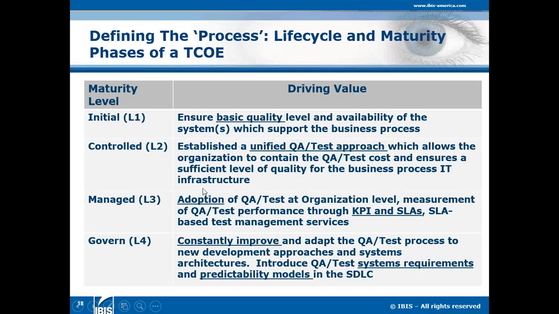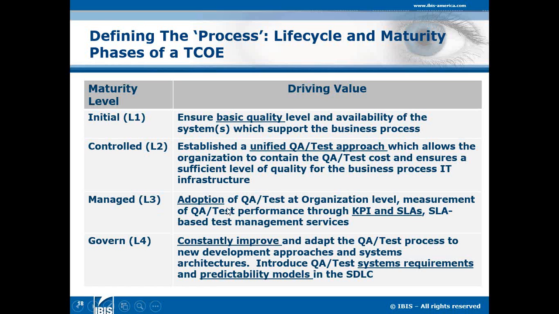From a life cycle and maturity phase of a TCOE, we really break that down into 4 unique levels. 1 is the initial, 2 is the controlled, 3 is the managed, and 4 is governed. In the initial, we're really looking to ensure basic quality and availability of the systems which supports the business processes. In the controlled, it's the establishment of a unified QA test approach.